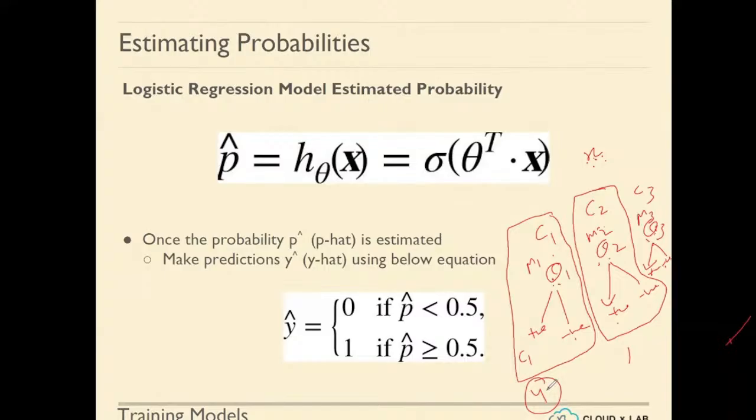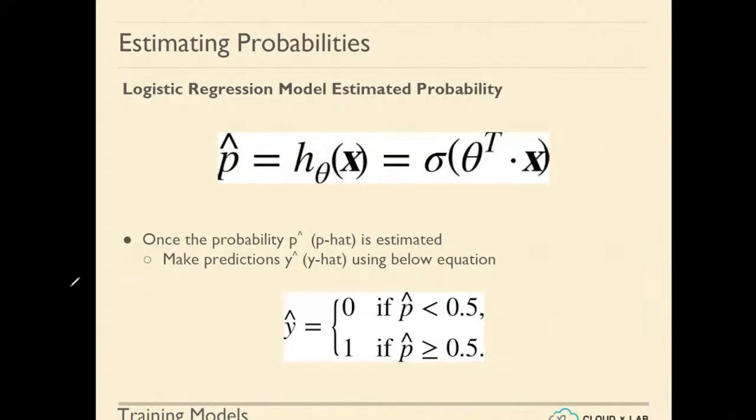So one method is to use multiple binary classifiers to solve a multi-class classification problem. The other option is to use the softmax classifier, or multinomial. Softmax I will discuss later. We have one extension of logistic regression that we can use to solve a multi-class classification problem.